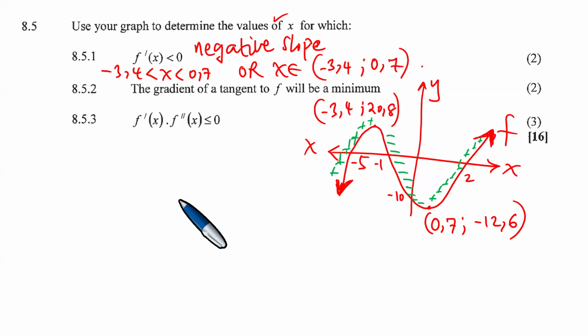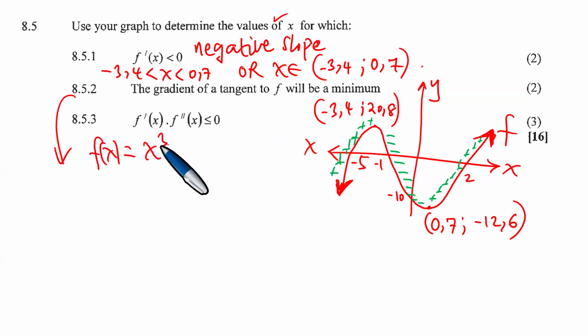Okay. Well done. So obviously use the graph to determine the values of x for which the gradient of a tangent to f would be a minimum. Now if we find the gradient of a tangent, first let us deal with the function f of x, which is x cubed plus 4x squared minus 7x minus 10.